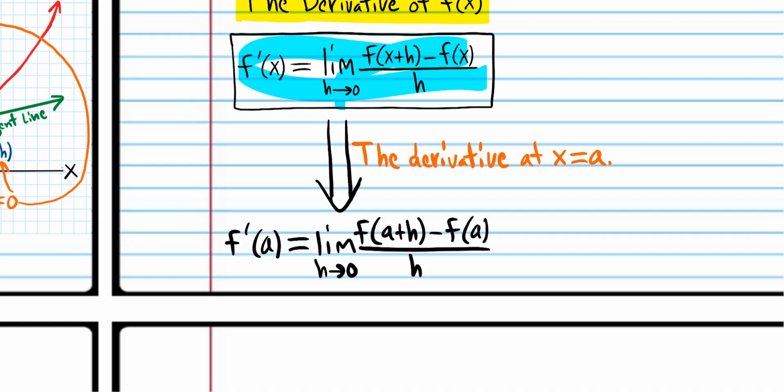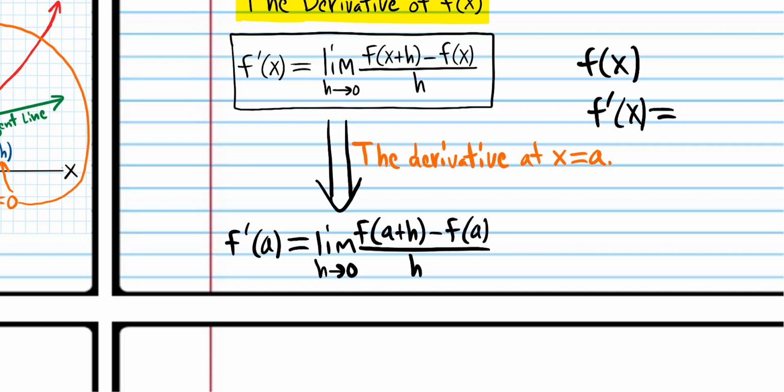So for example, if you have x squared, this formula will give you 2x. So it's an expression in terms of x.